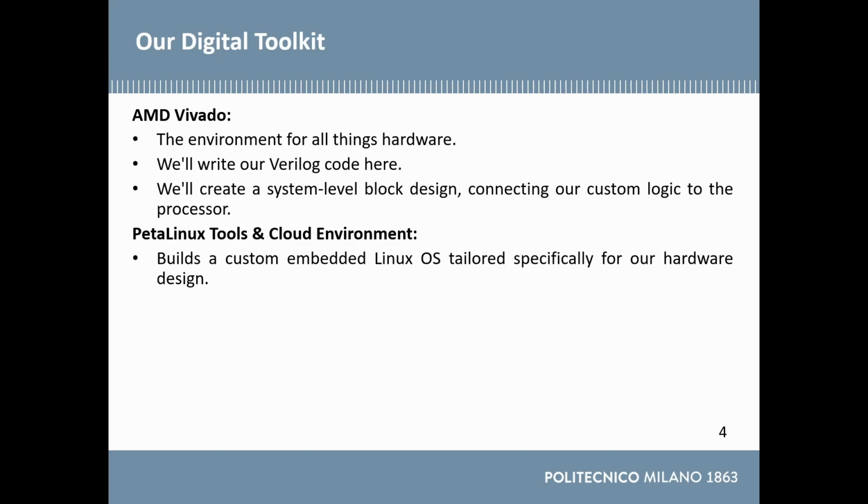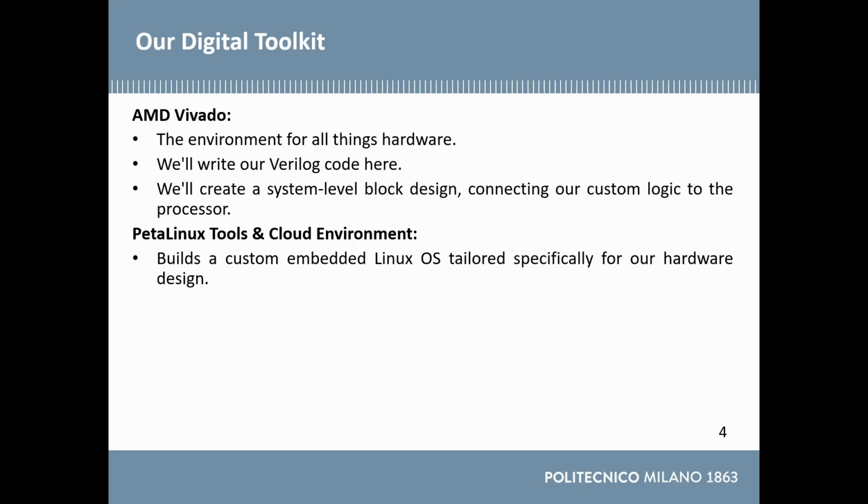A key part of this process is generating the device tree, which is a special file that essentially acts as a map telling the generic Linux kernel exactly what custom hardware peripherals are present and where to find them.